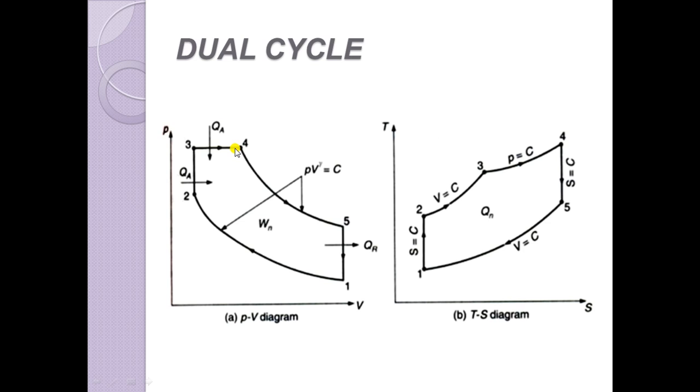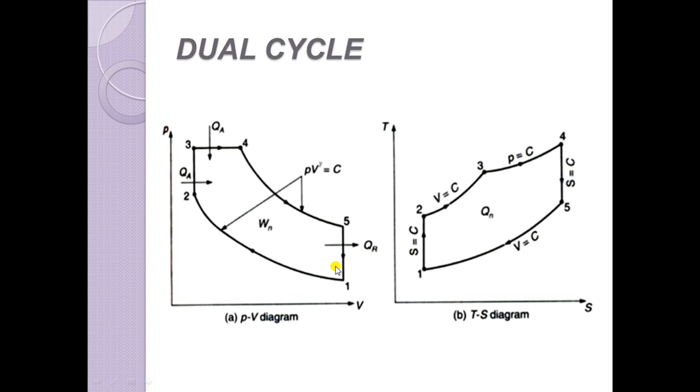The fourth process is from point 4 to point 5, which is an isentropic expansion process, also called a reversible adiabatic expansion process. During this process, the piston is moved from point 4 to point 5, expanding the working fluid. And the last process is from point 5 to point 1, which is a constant volume heat rejection process.